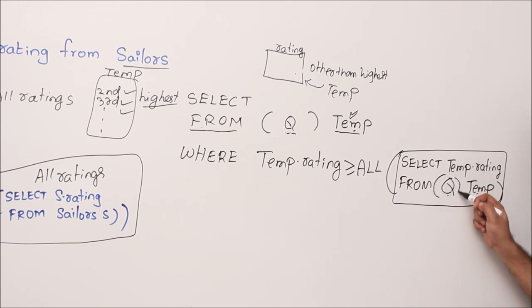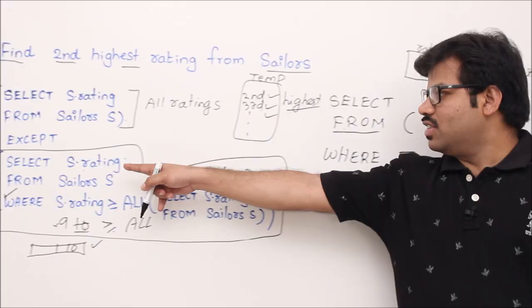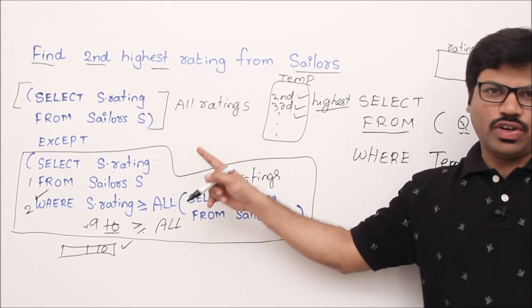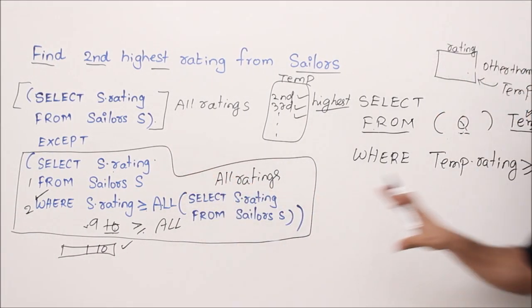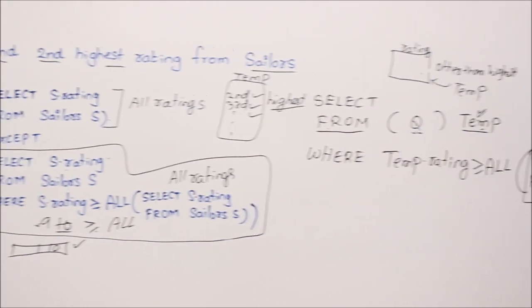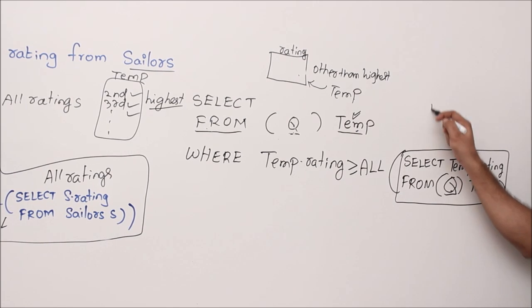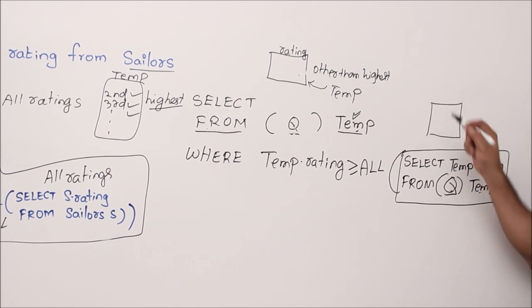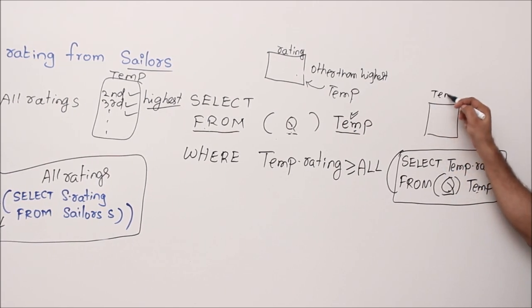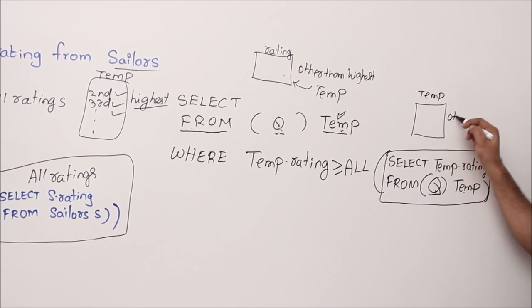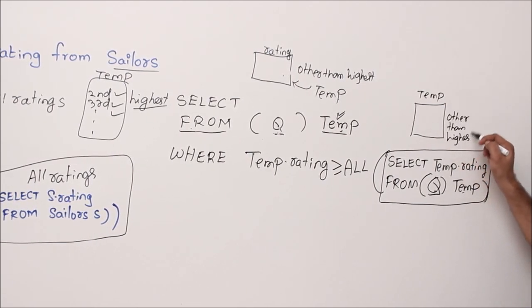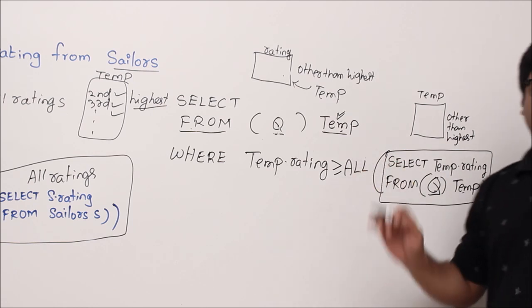Already q is a query, so we know which it is. This query we have to write here followed by temp. So now another temp table is created, which is nothing but a table without the highest, other than highest.